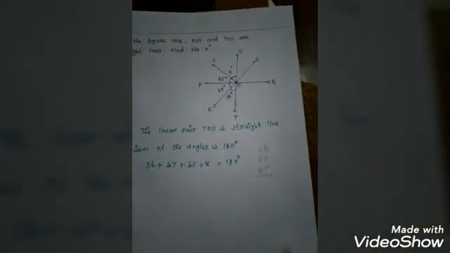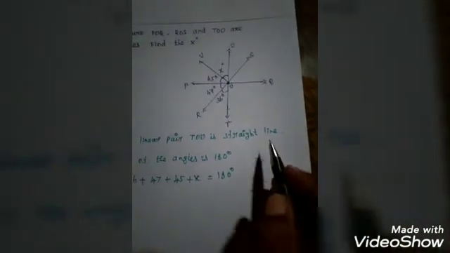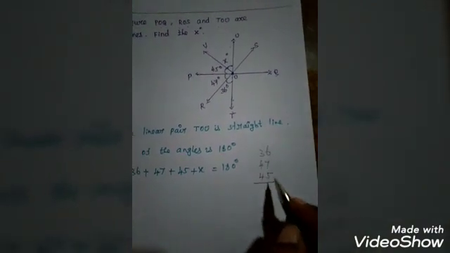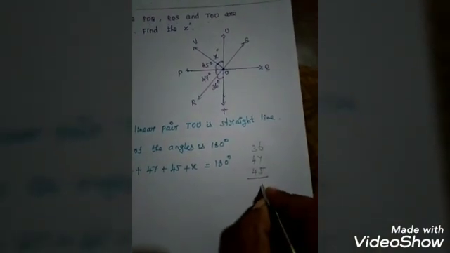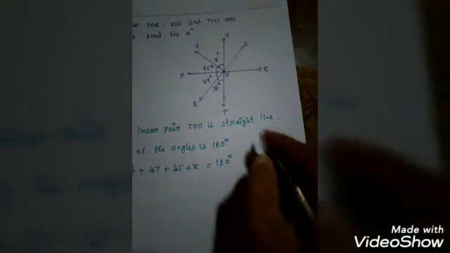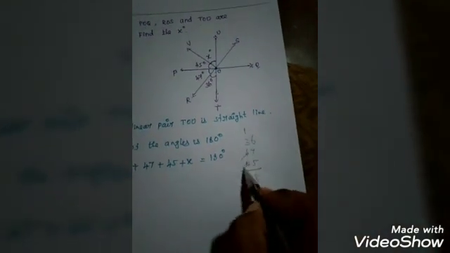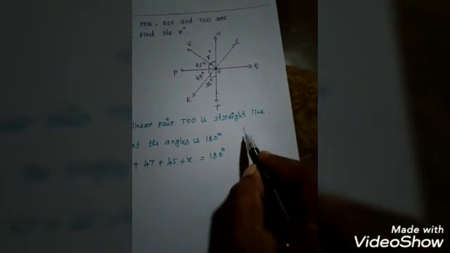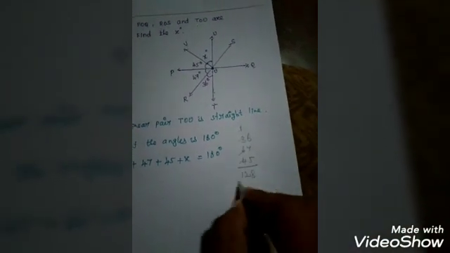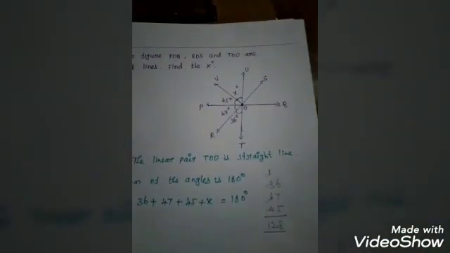Add that. 6 plus 7 is 13. 13 plus 5 is 18. 8 balance 1. 4 plus 8 is 12, plus 1 is 13... 128.